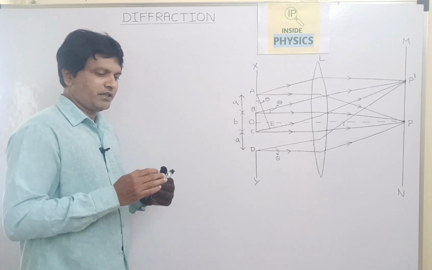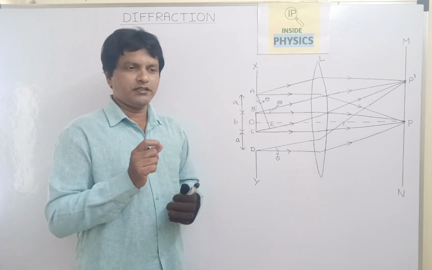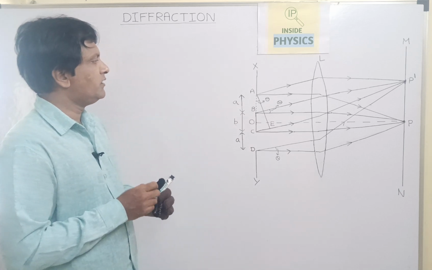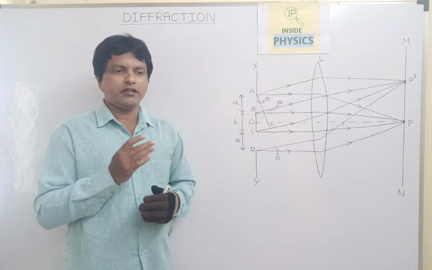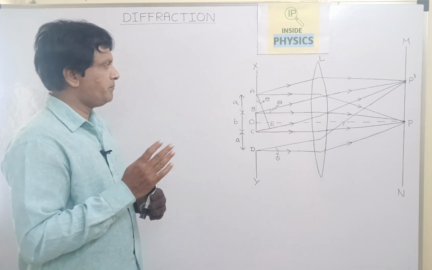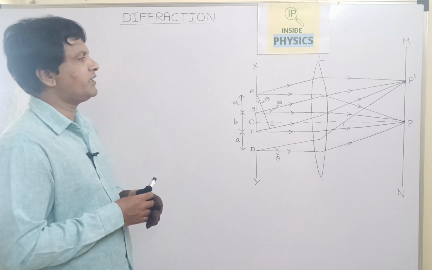We know the diffraction pattern is nothing but the bending of light at the edges of an obstacle. If any obstacle is encountered by light, it bends at the edges. That pattern is called the diffraction pattern.